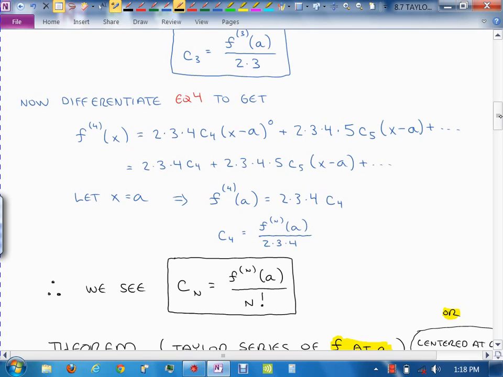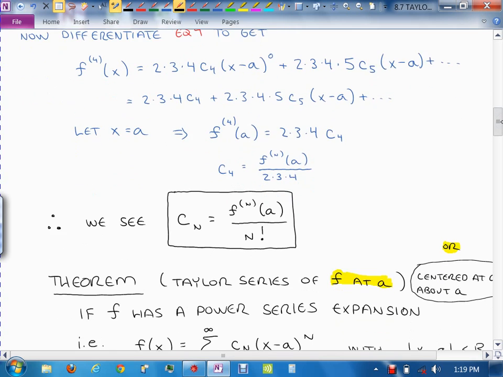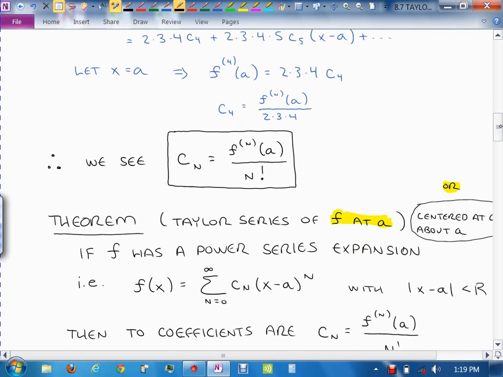So when we go to the next one, the fifth derivative, it would be 5 factorial. So the nth constant is the nth derivative of the function at a over n factorial. That's the big time result, the second big time result. And that allows us to create this theorem, which is known as the Taylor series.